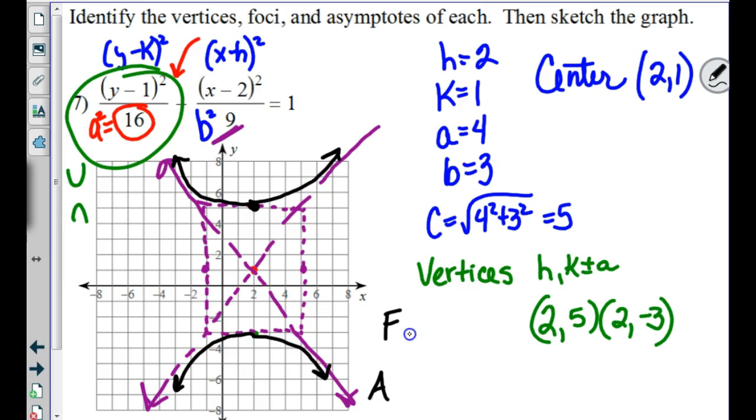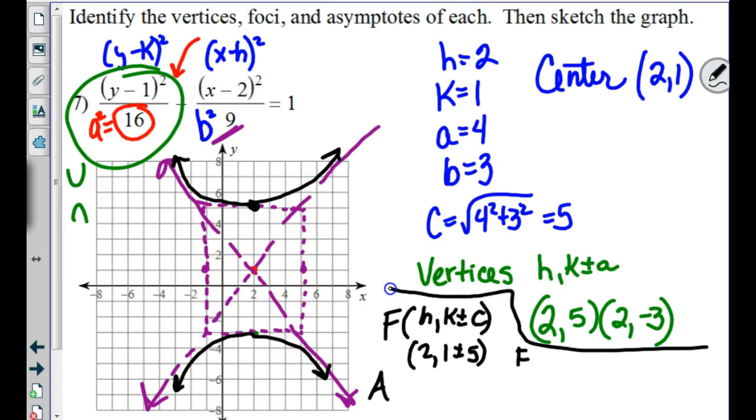What's the equation for foci, guys? Which in this case would be 2, 1 plus or minus 5. So the foci, those were the vertices up there. The foci are at 2, 6 and 2, -4.